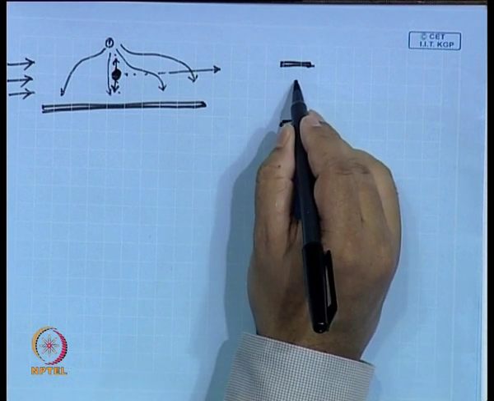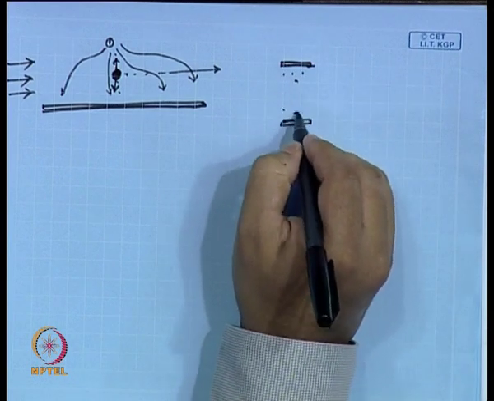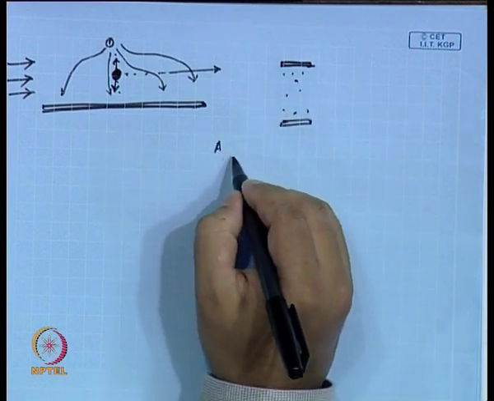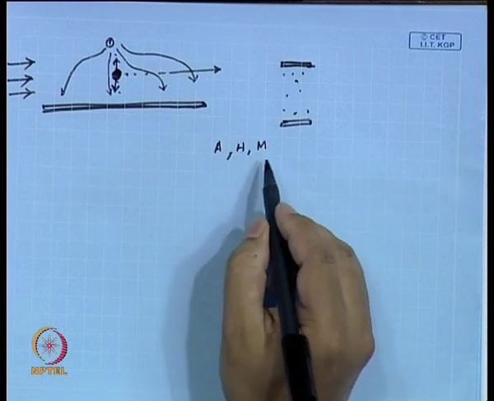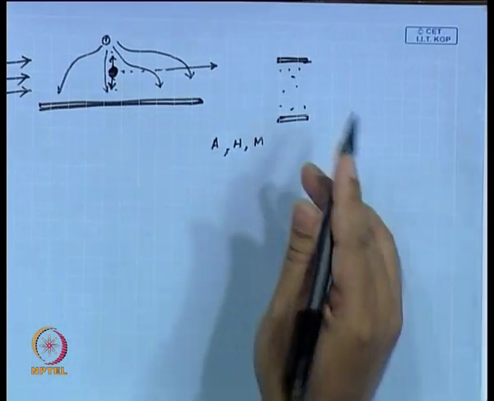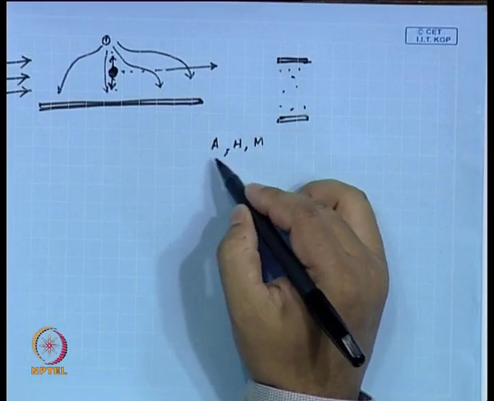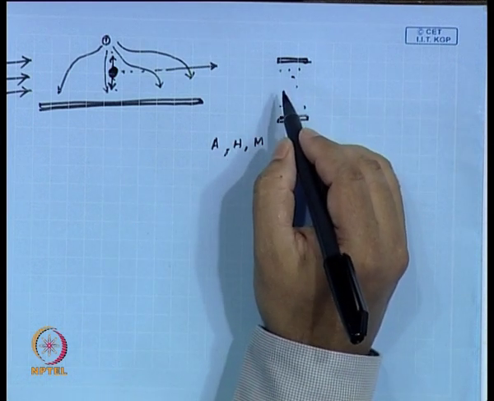be forming a band. For example, in this system you have A, H and M components. These components belong to one particular band, by virtue of their size and charge.